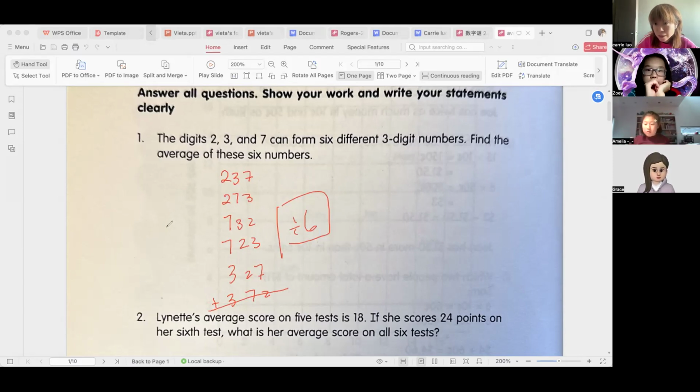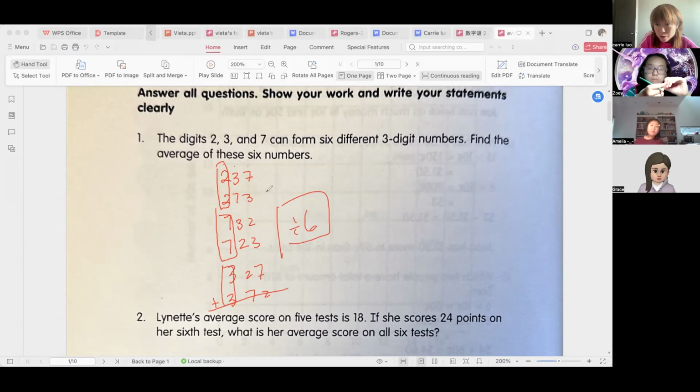Okay, so me as your teacher is going to tell you how to do it quick. You can add these numbers together and divide by 6, of course, it's a right way. But if you take a look at this one, the digits 7, 2, and 3 show up in both the tens place and hundreds place, every single one, 2 times.